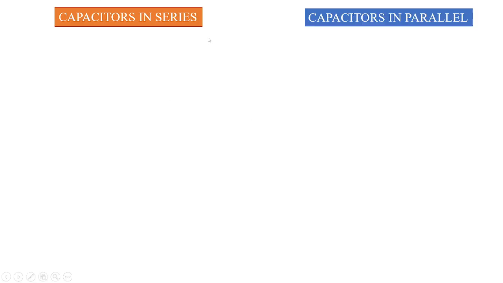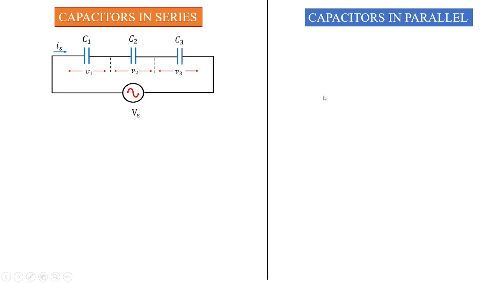Capacitors when they are connected in series, and capacitors when they are connected in parallel. For this, we'll prepare a tabular column like this. First, we'll see the capacitors in series arrangement. You can see a voltage source connected to C1, C2, C3 combined, and current starts flowing in the capacitors.